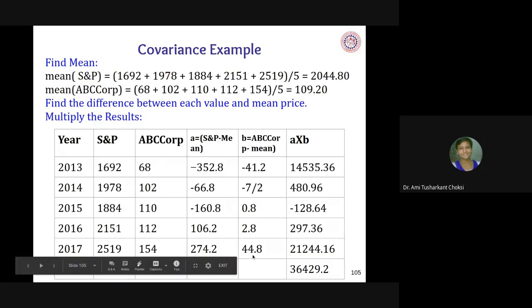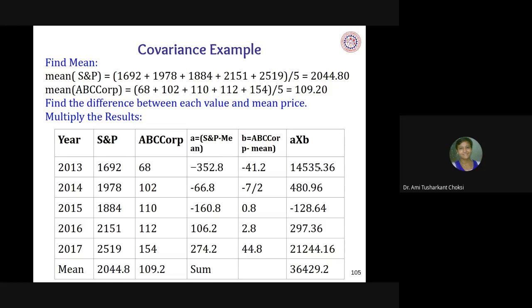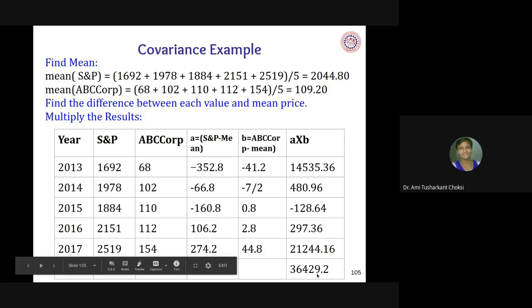And then what we are doing is, we need to have the multiplication of both. Do we need to find the sigma of this one and sigma of this one? No, we do not need that. We need the sigma of the multiplication of both. So here we are doing the multiplication, and then the sum.